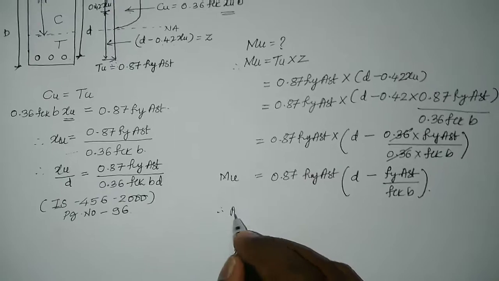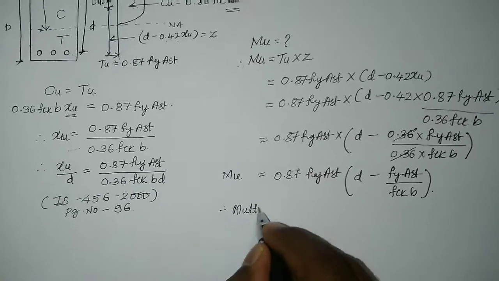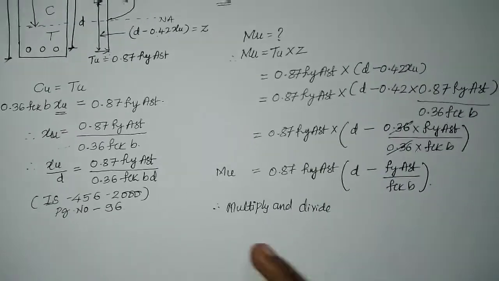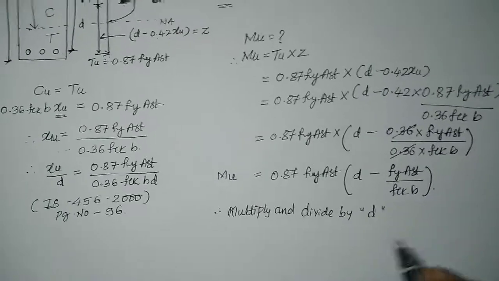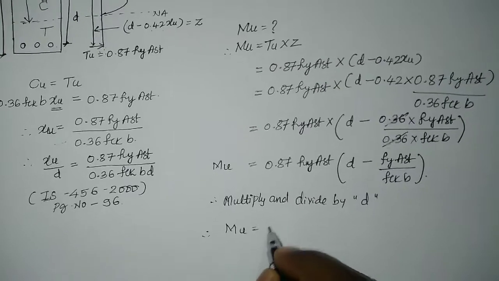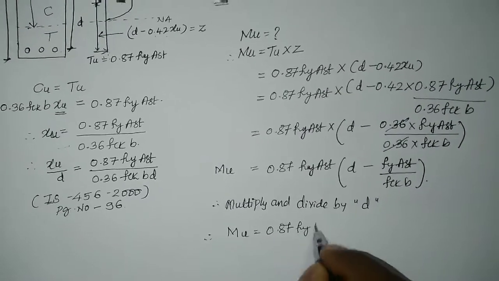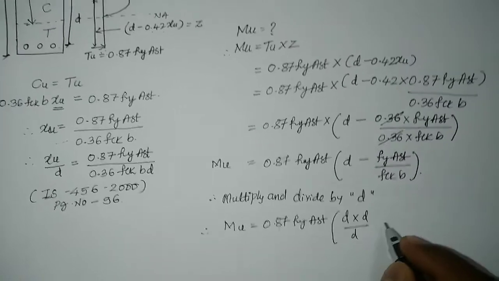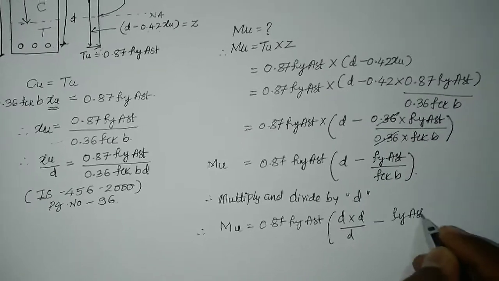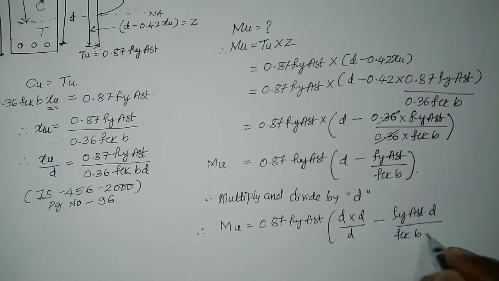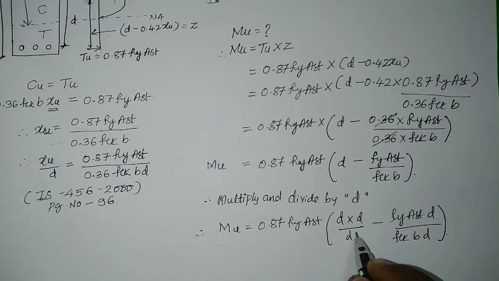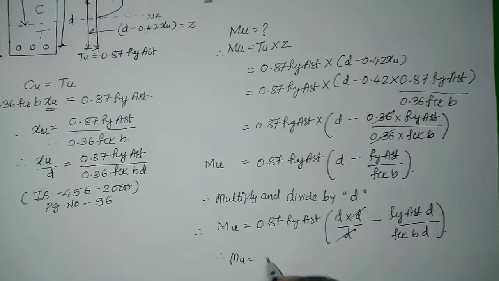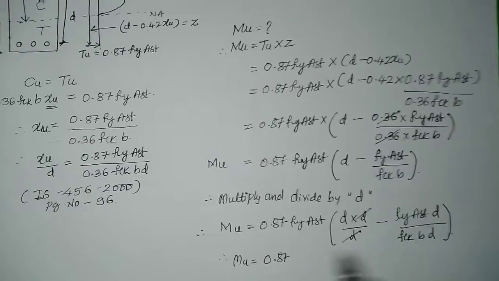Now I'll make a little bit of simplification. I multiply and divide by D. Mu is equal to 0.87 fy Ast into bracket D minus fy Ast divided by fck B D, multiplied by D. So I'll cancel and take D outside from the bracket.